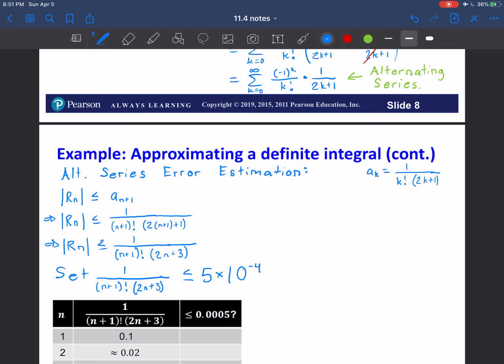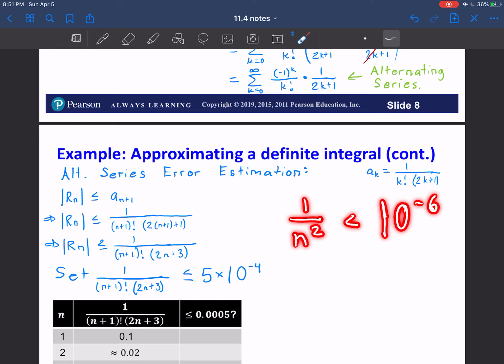Okay, and in section 10.5, whenever we were doing this, what we often did was we set this up, and then we attempted to solve for n. So in the previous section, we would have something like 1 over n squared is less than, let's say, 10 to the negative sixth, and then we would solve this for n, and you would get n is greater than something like 10 to the third.